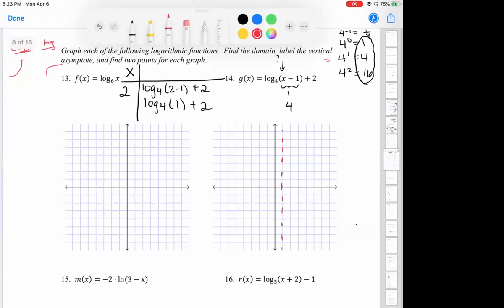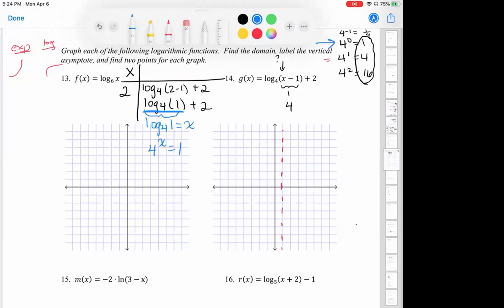Now, the reason we do this is because we're thinking: let's write this as the exponent. Log base 4 of 1 is equal to what? It means 4 to the x power equals 1. So my answer to log base 4 of 1 can only be 0, because didn't we just say that 4 to the 0 power is 1?